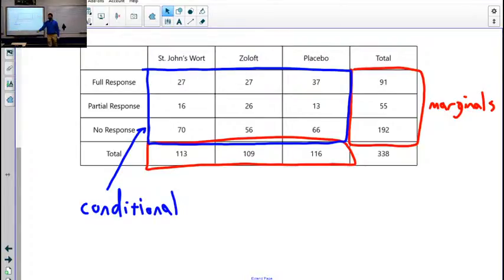This is gonna start to tie in a lot when we start to talk about probability, and when we talk about conditional probabilities, we can get those tables. But for now, we just want to make sure that we can use these marginals and these totals to get some proportions and to make sure we can interpret the questions being asked.